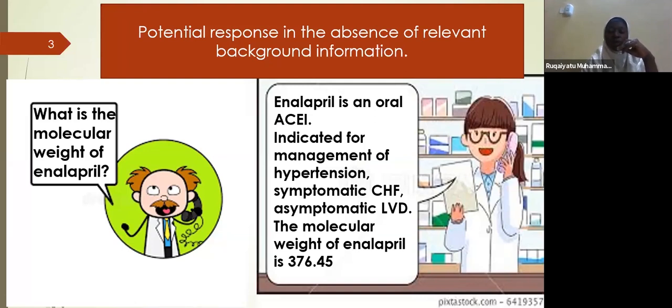So if you've not obtained any background information at all, the answer will probably be like, enalapril is an oral angiotensin converting enzyme inhibitor. It is indicated for management of hypertension, for symptomatic congestive heart failure, for asymptomatic left ventricular dysfunction. And then you go ahead and say the molecular weight of enalapril is this particular figure.